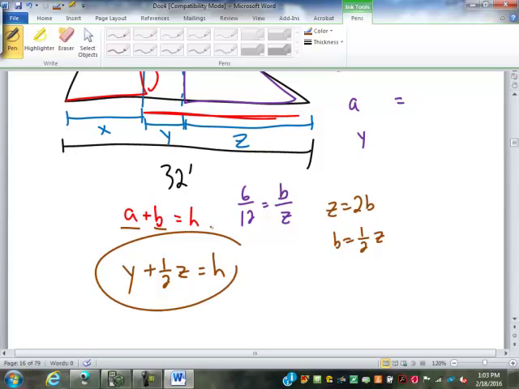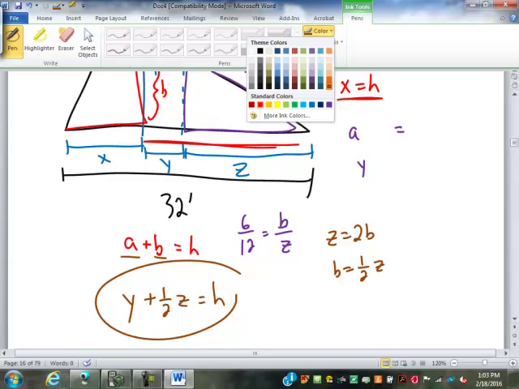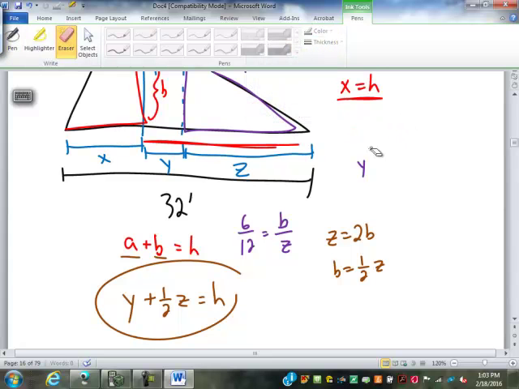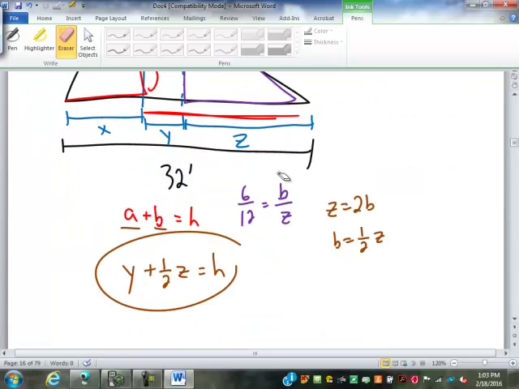We're just replacing A and B here. We found up here that A equals Y, so we put Y in where the A was. We found over here that B equals 1 half Z, so we put 1 half Z in where the B was.